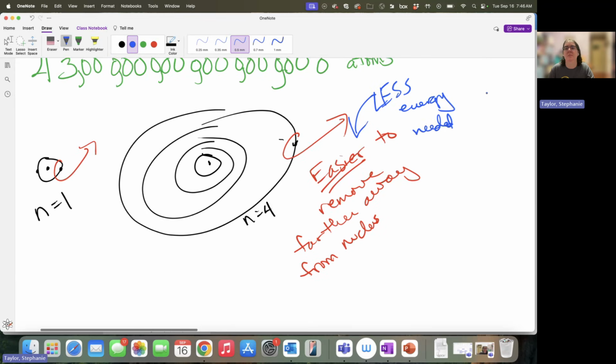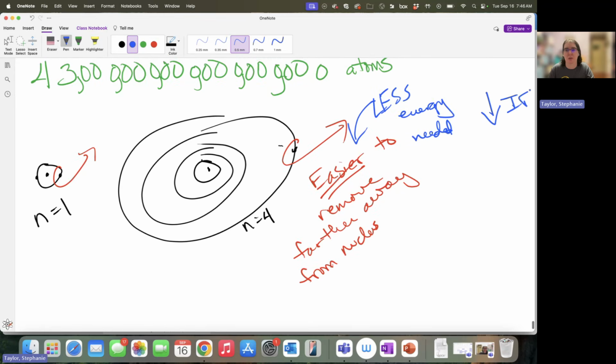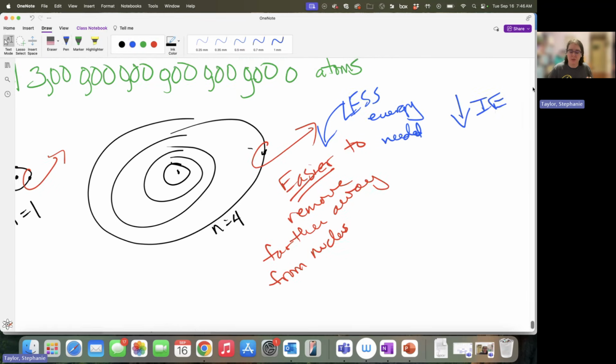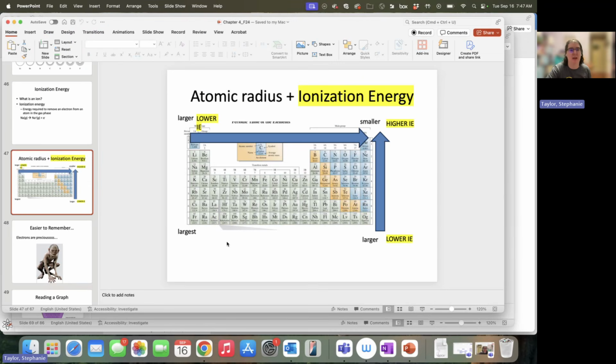Less energy needed means lower ionization energy. So that's how that logic works. The physically farther away the electron is from the nucleus, the less energy you need to pull it away. The less energy you need is a lower ionization energy. So that's how ionization energy works in general. That's why the larger the atom, the lower the ionization energy. The smaller the atom, the higher the ionization energy.